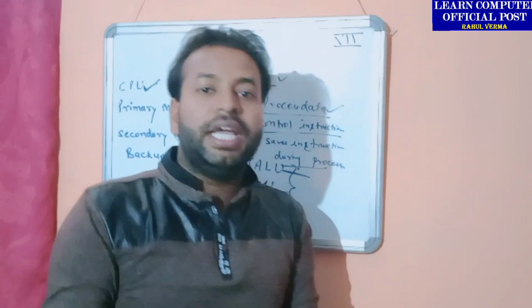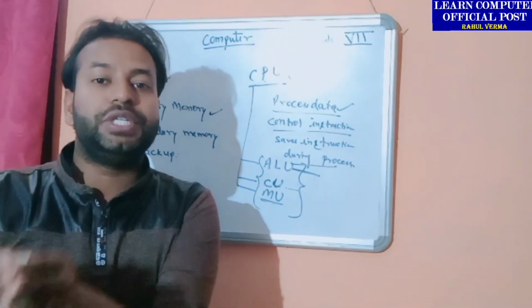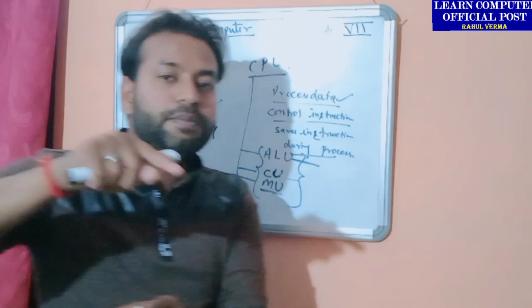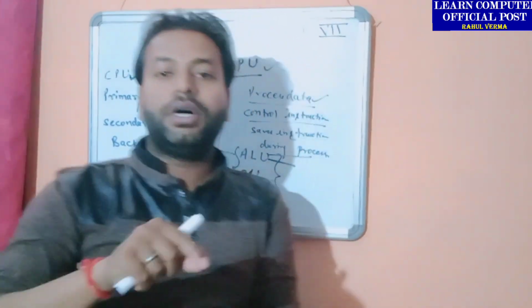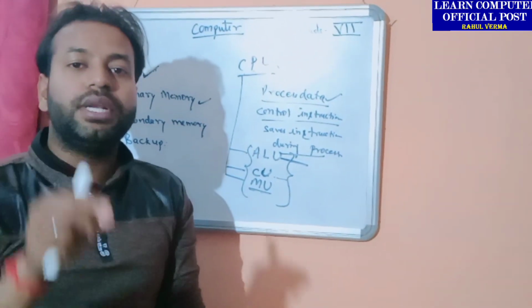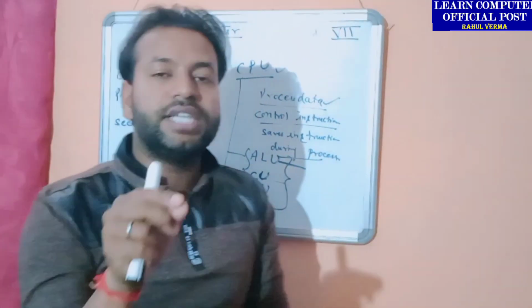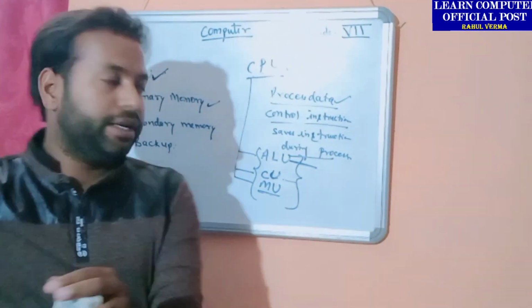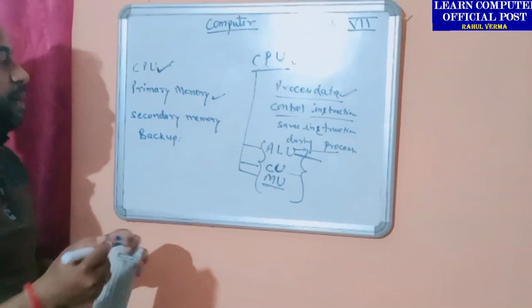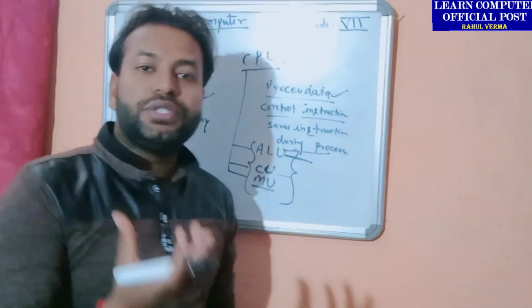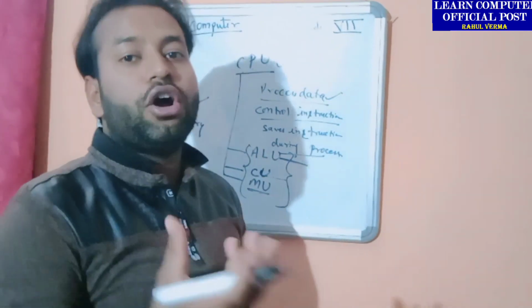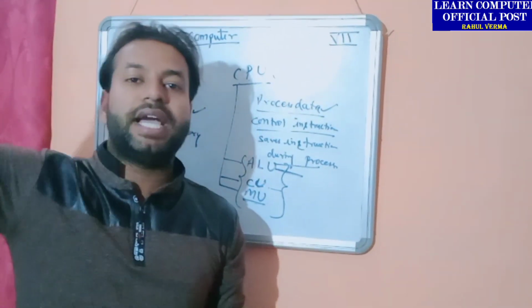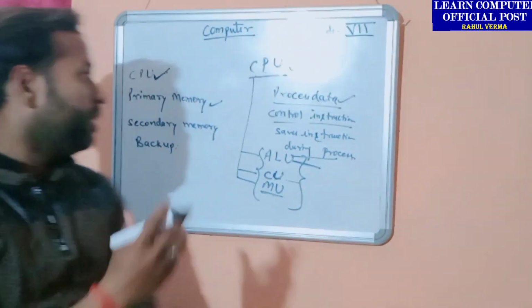I mean to say, it will be saved in the form of 0 and 1. Why? Because computer understands only binary language, which is based on the concept of 0 and 1. Right? So memory is a storage device which is used to store the data, or it is a place where the user can save his or her data in the computer.